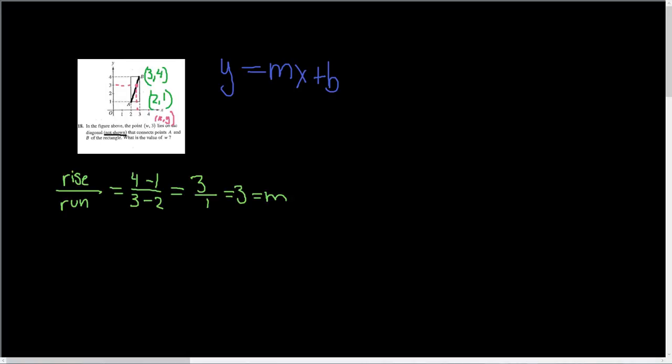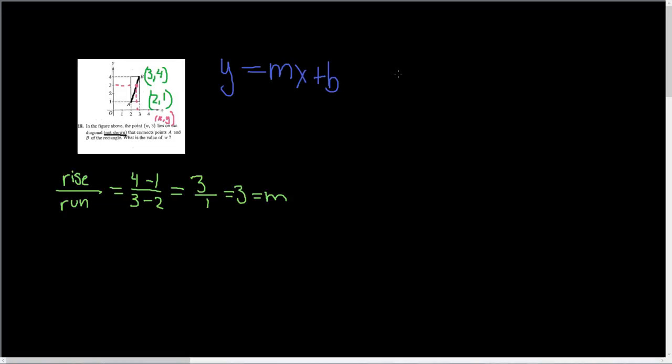And so what's the next unknown that we need to find? We already know y and x values, because the points (3, 4) and (2, 1) are both on this diagonal line. Knowing that, we can solve for b, which is the y-intercept. We can plug in either one of the points, so let's go with (3, 4).